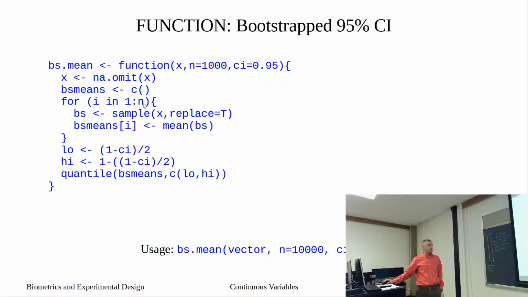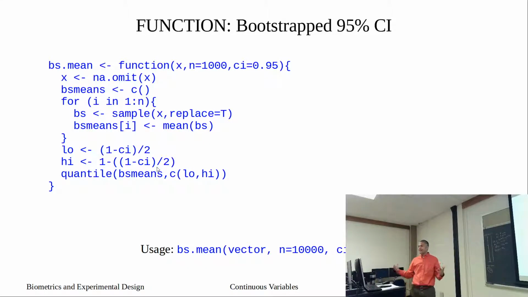Once we have that, then we're going to calculate our confidence interval. And the low and the high is written here to figure out our cutoffs to create the confidence interval that we asked for. So if we wanted a 95% confidence interval, this is going to calculate 0.025 and 0.975, which is the 95% confidence interval.